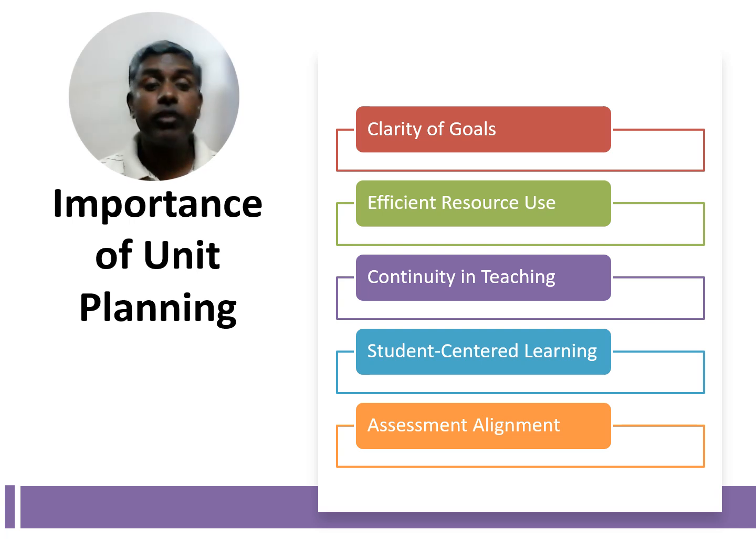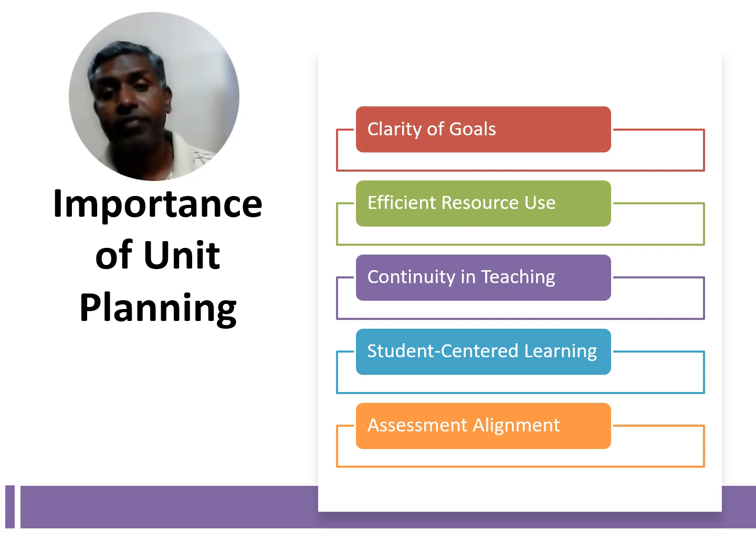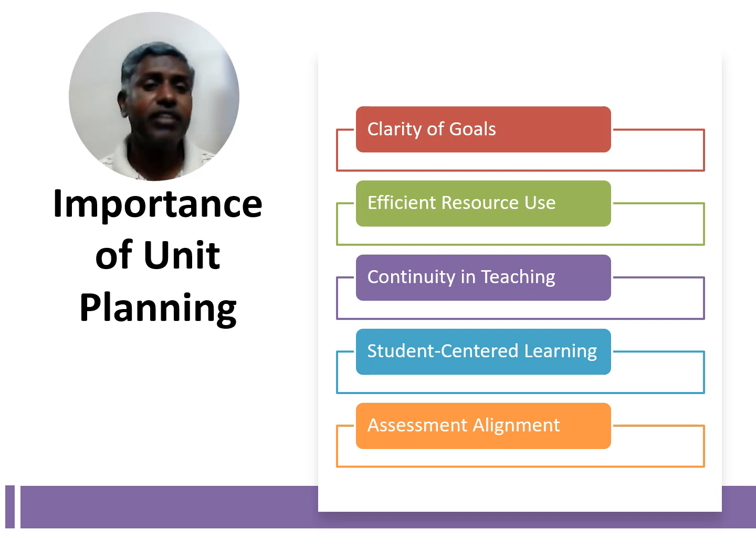Then the time factor is very, very important. If we are not able to maintain the time limit, then we simply waste an hour in a classroom. If we pre-plan that, automatically our teaching will be effective. Then activities: if we pre-plan the activities we are going to conduct in our classroom, then the students themselves are aware of that and they will also incorporate with the good quality teaching.